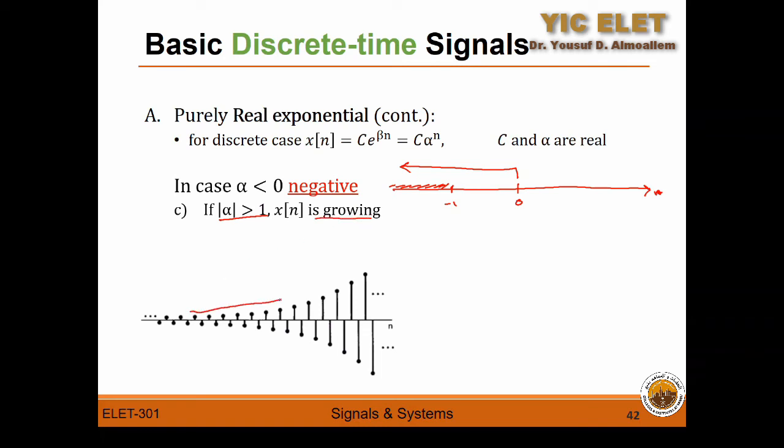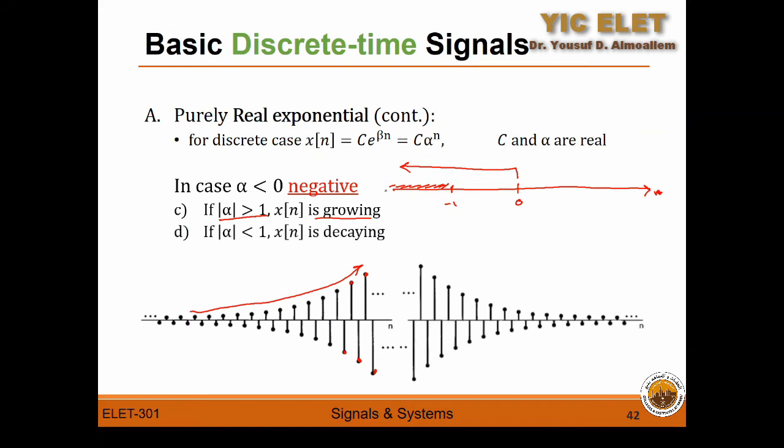But notice it is alternating, one up and one down, and so on. But it is growing. In the last case, case D, the absolute value of alpha is less than 1, meaning this side, and it will be decaying, again alternating. So these are the 4 different cases that I want you to visualize.